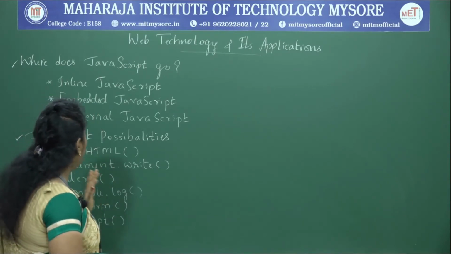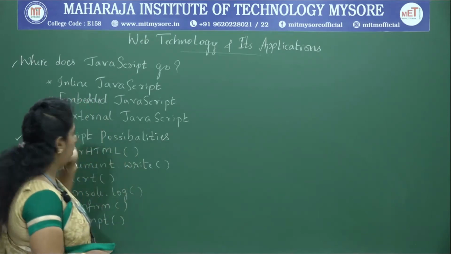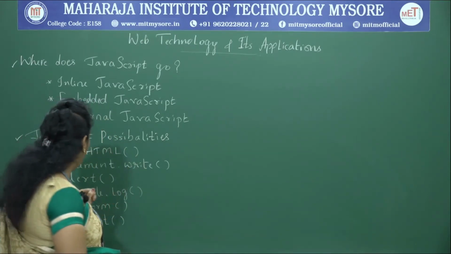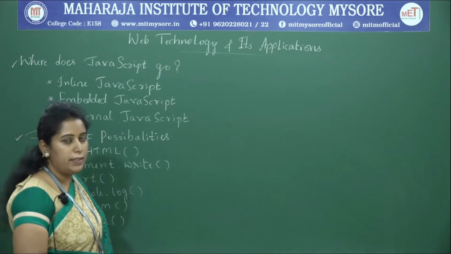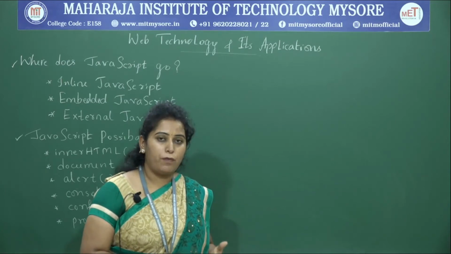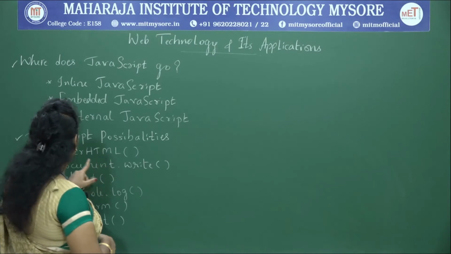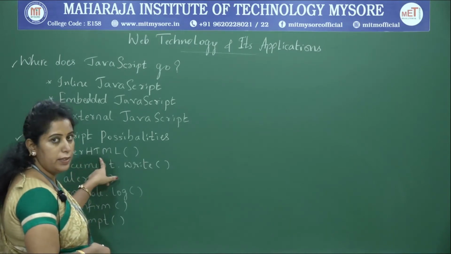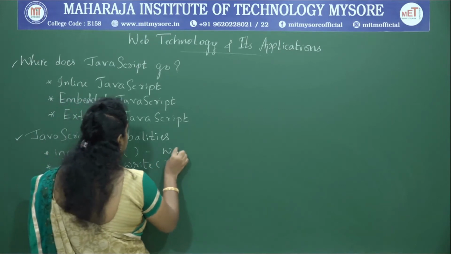Before moving on to these types of JavaScript, first you have to understand JavaScript possibilities, in the sense how input and output can be performed in JavaScript. First is innerHTML. This is about writing into an HTML element.